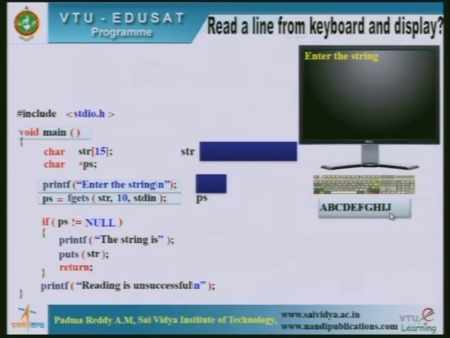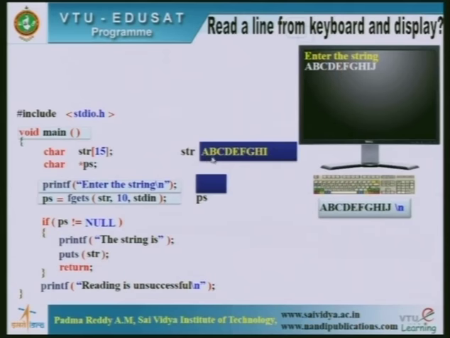Whatever characters we enter from the keyboard, those characters will be displayed as they are on the screen. Now A, B, C, D, E, F, G, H will be copied into str, but remember we are supposed to copy only 9 characters, not 10.